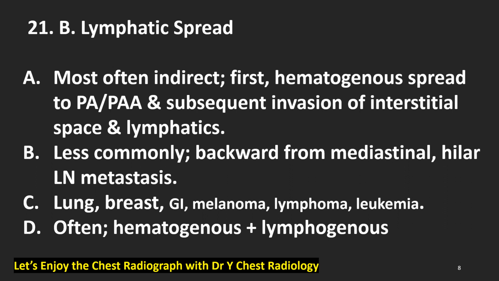Less commonly, backward invasion from mediastinal and hilar lymph node metastasis. Lung cancer and breast cancers are famous. Often we find hematogenous metastasis and lymphogenous metastasis in combined form. In that case, we may call it hemolymphogenous metastasis.